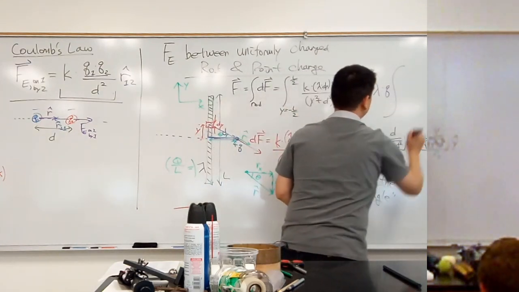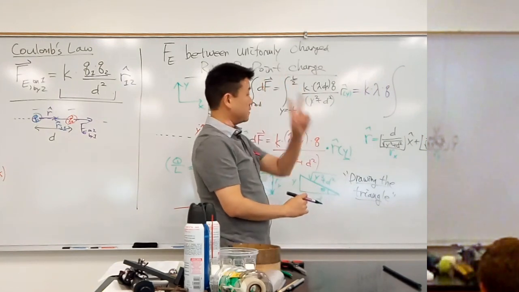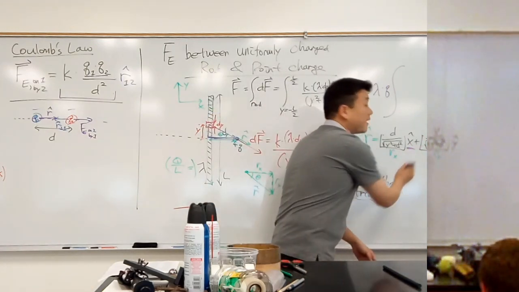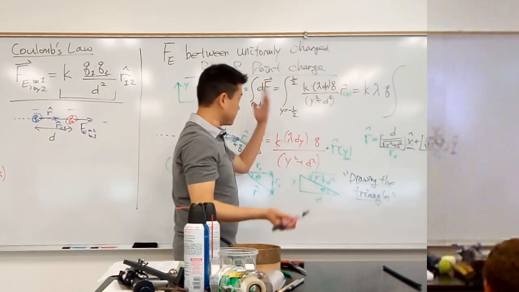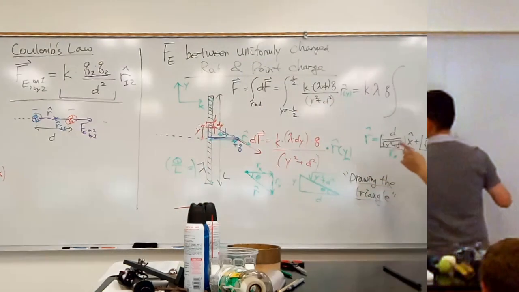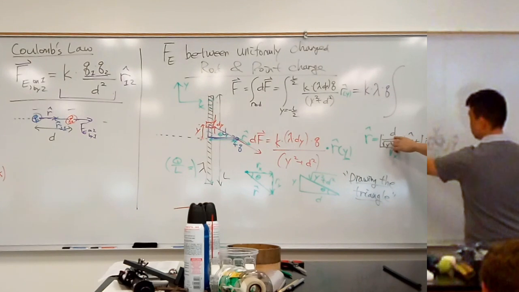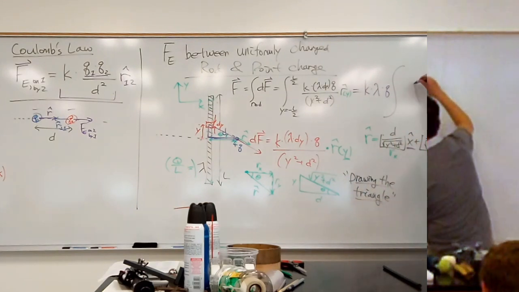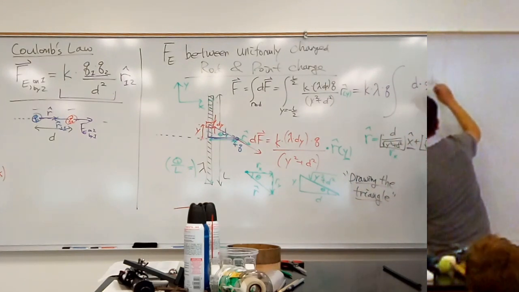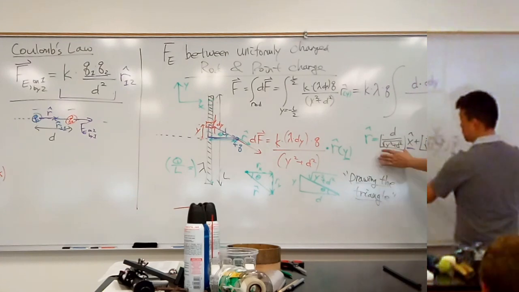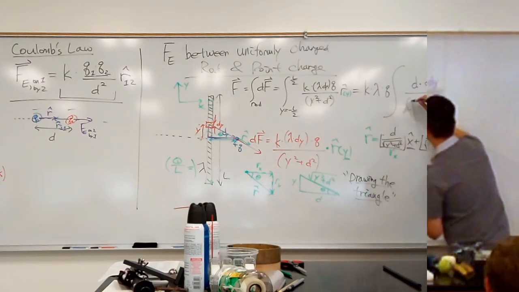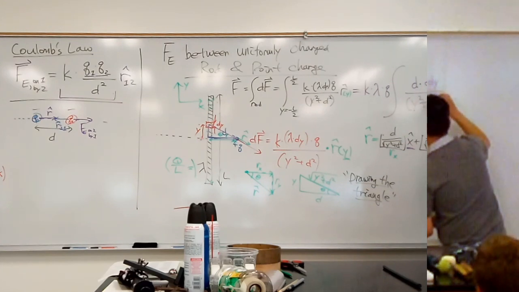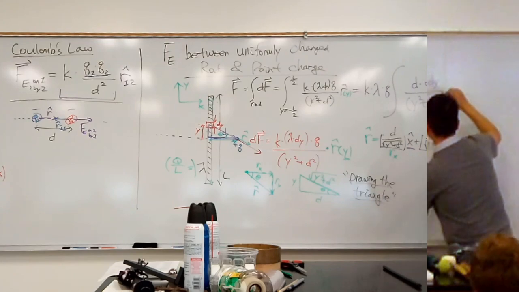So the rest is the integral of, now it's going to have two terms. It's going to have the term containing x hat and the term containing y hat. So let's just write it out. Can I factor out this? No, I can't. All right. So d times dy over, this can actually combine with this to make a slightly simpler expression, y squared plus d squared to the power of 3/2, times x hat.